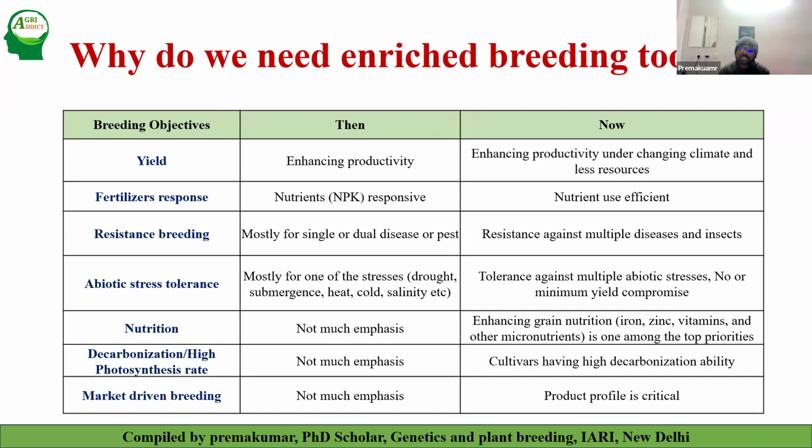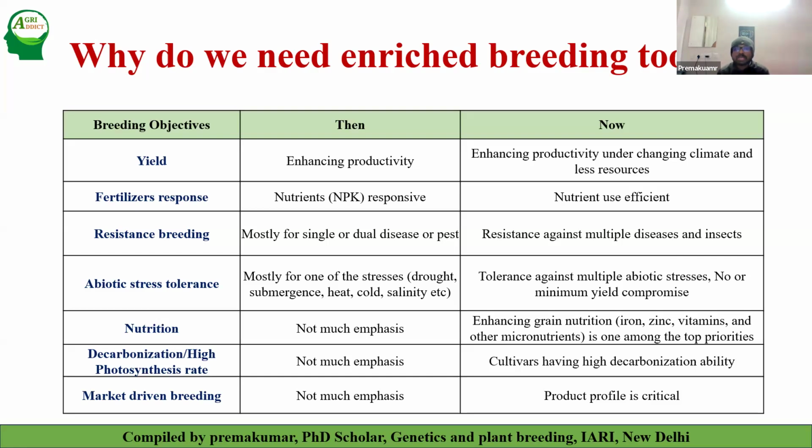For example, take rice. Who has the highest production of rice in the globe? China. In China, within around 20 to 30 million hectares, they produce more than us.